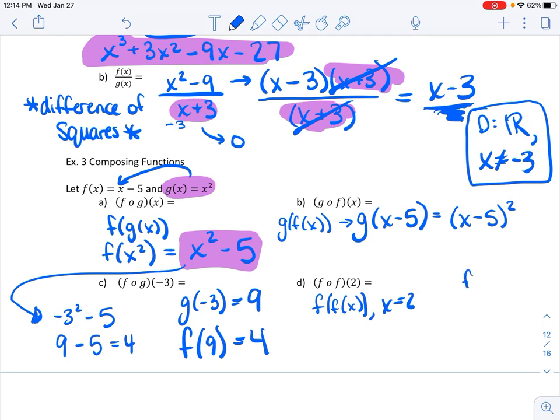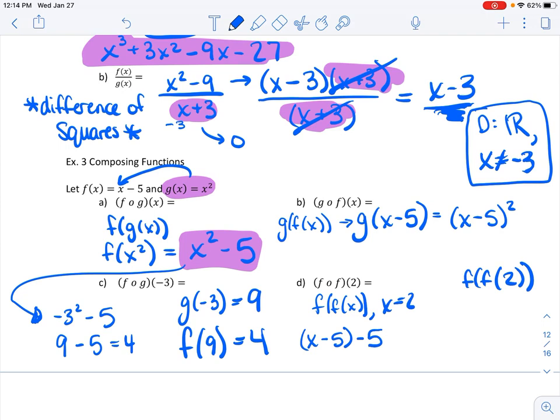Or you can find f of 2, where you just plug in 2 and go from there. We'll start with the first way. So f of f means we plug in the f equation into the f function where the x is, right? So it'll look like this.